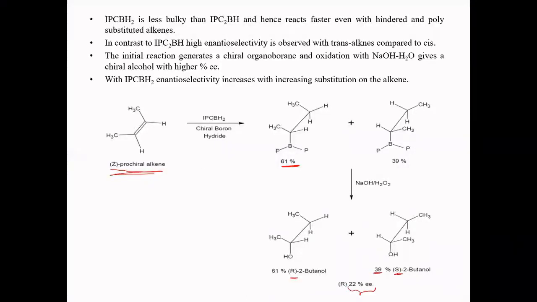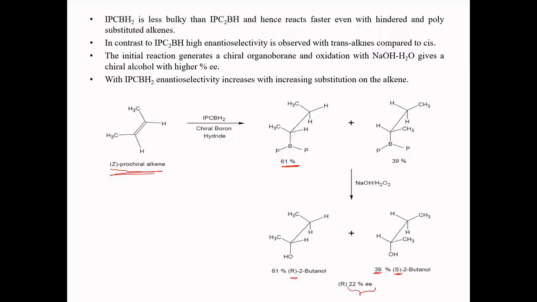Now why did I get R again? Because the alpha pinene we selected, which we have used, is 1R 5R. So again I'm ending up with the R butanol. But it is not compulsory that it gives R or S. It completely depends on the stereochemistry and your transition state.